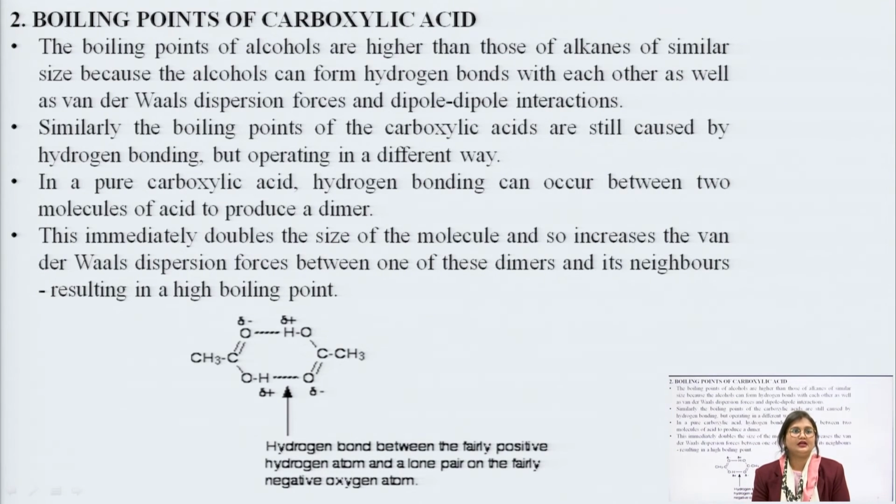Okay. Similarly, the boiling points of the carboxylic acids are still caused by hydrogen bonding, but operating in a different way. How? In a pure carboxylic acid, hydrogen bonding happens between two molecules of acids to form a dimer.